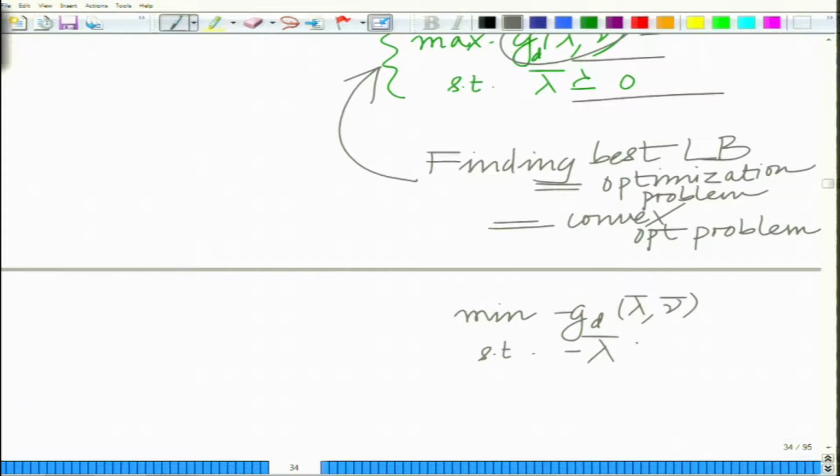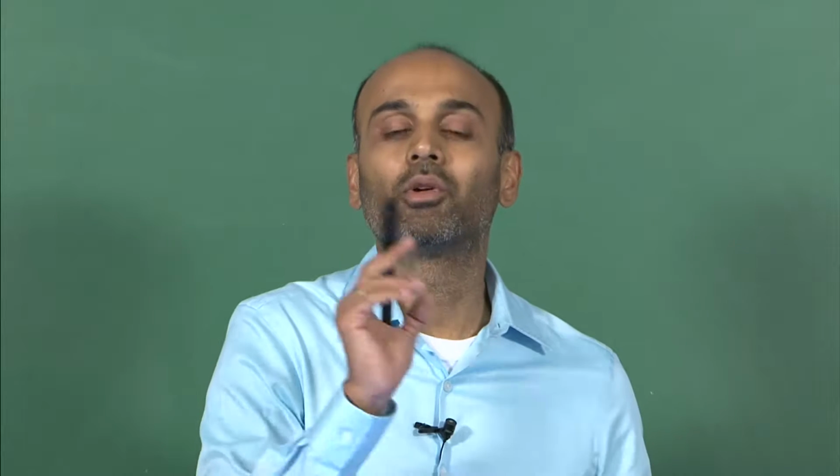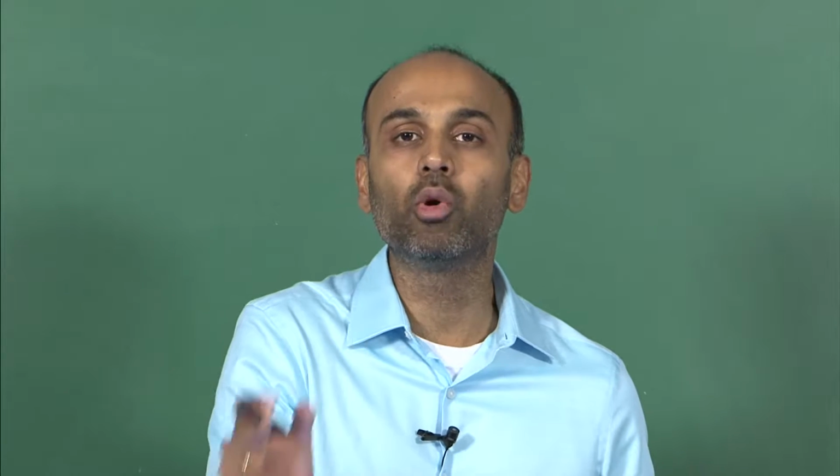In fact, I can put a negative sign here and reverse it, minus lambda bar less than or equal to 0, and this is your standard form convex problem. So, you can use all the techniques of convex optimization to conveniently solve the dual problem.